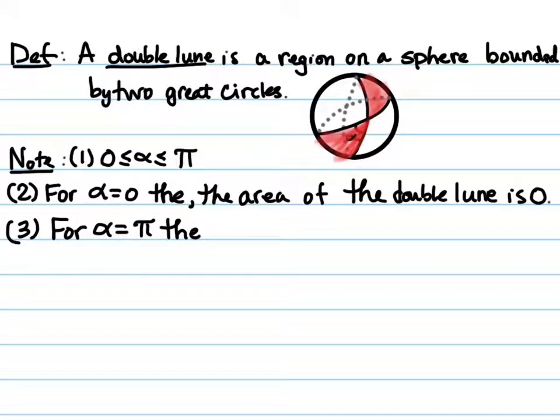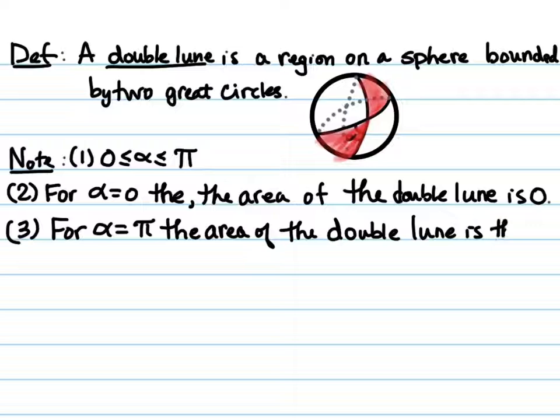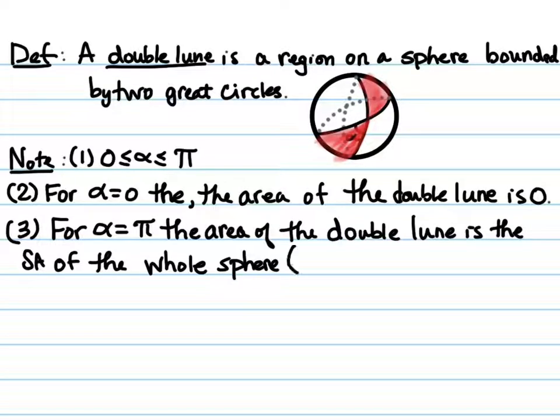We would actually say that the area of the double lune is the whole sphere. The surface area of the whole sphere. What would the surface area of this sphere be? How do you find the surface area? Do you guys remember surface area formula for a sphere?